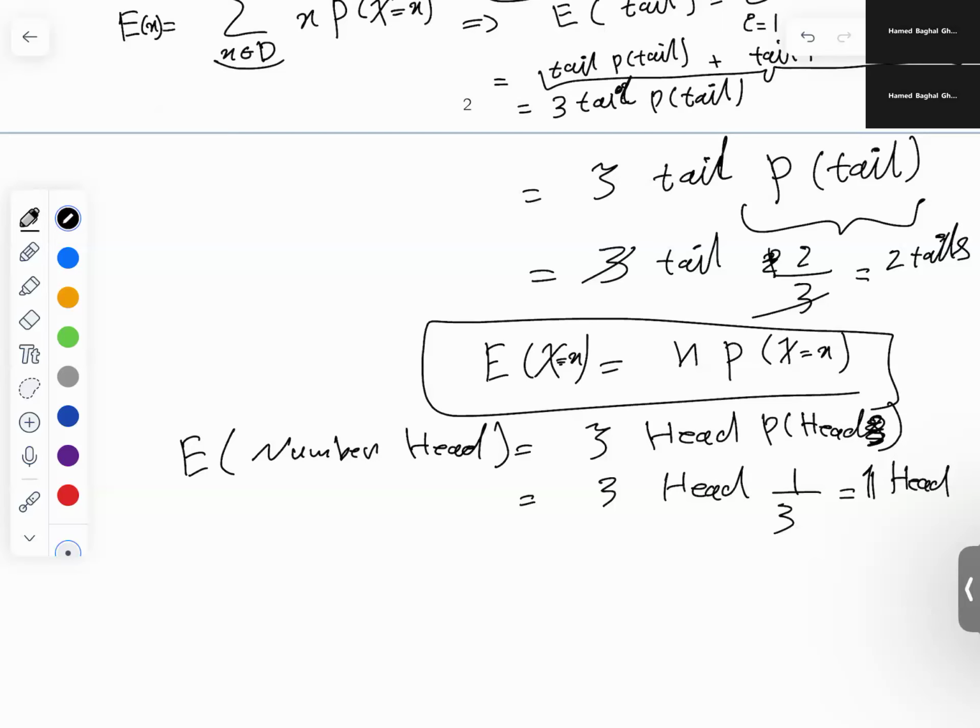Then she asked me, okay, assume that there is a coin and it's fair. What is the probability that, after you toss it infinitely, you stop when you get HTH?